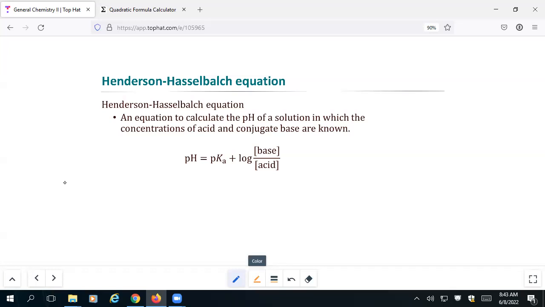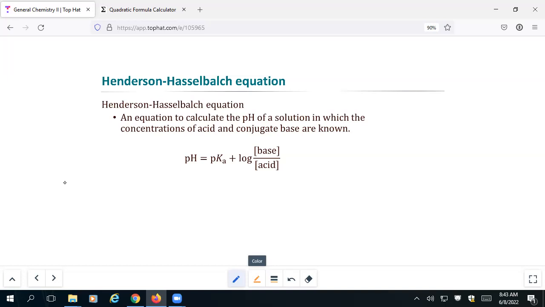If we don't have both, we can't use this equation. We have to revert to normal ice table. But if we do have both, boy, does this equation make things a lot easier.